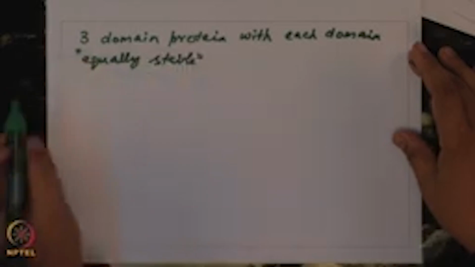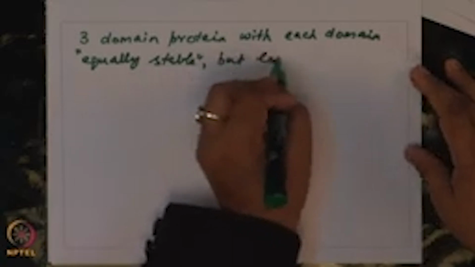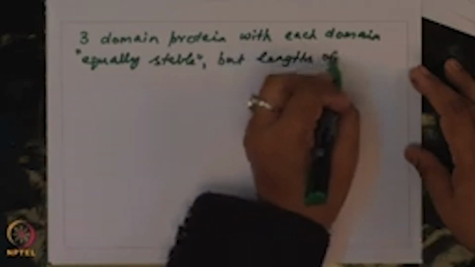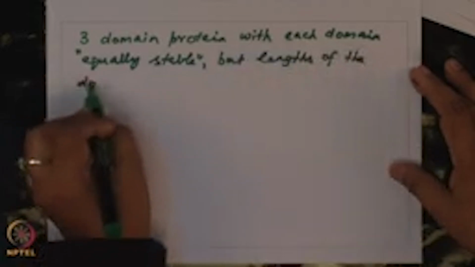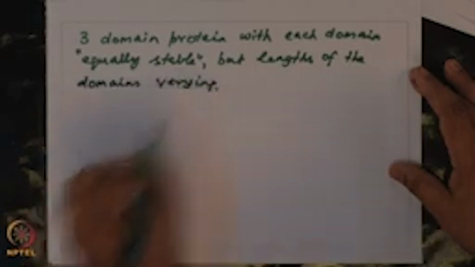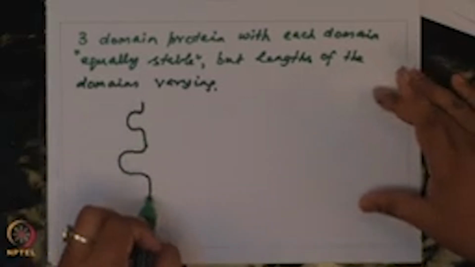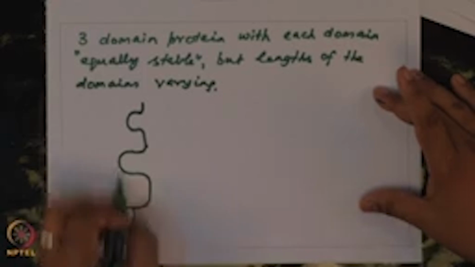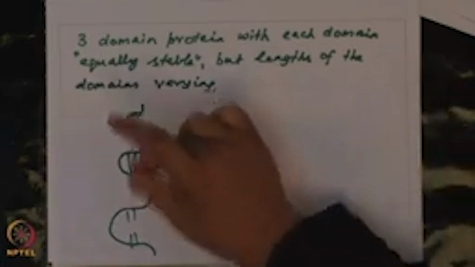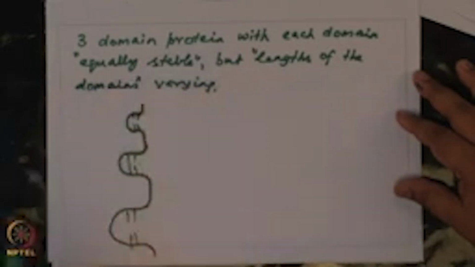Equally stable would mean that the unfolding force is equal, but the lengths of the domains are varying. I am drawing these 3 domains. The force required to unfold each of these domains remains the same, but the sizes of these domains are varying.